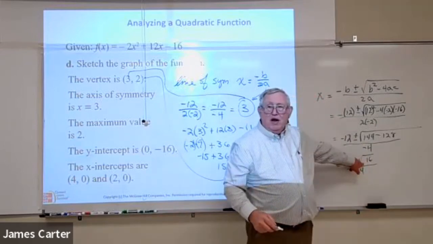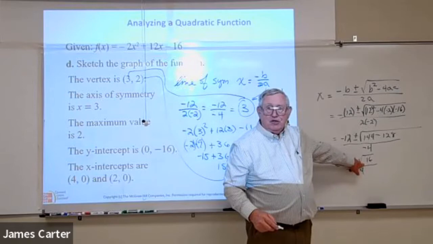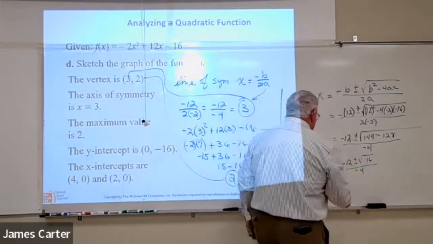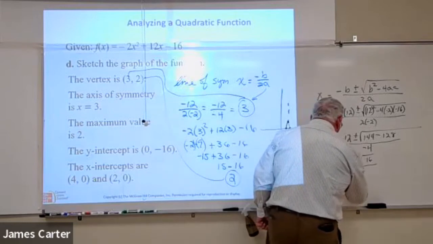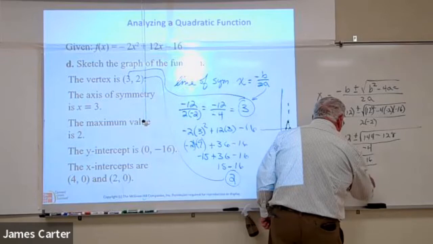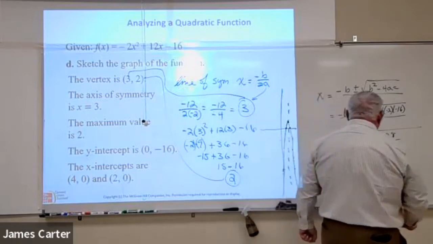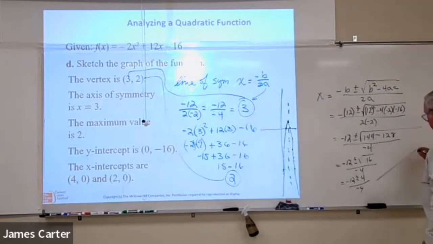With a perfect square there, I'm going to get 2 real numbers. Well, this gives me negative 12 plus or minus 4 over negative 4. Now, that breaks it into 2 problems, my positive and my negative.